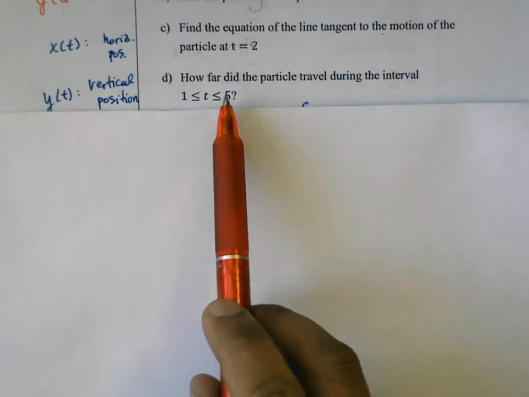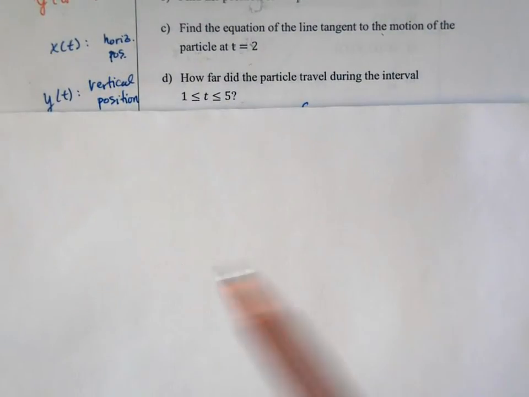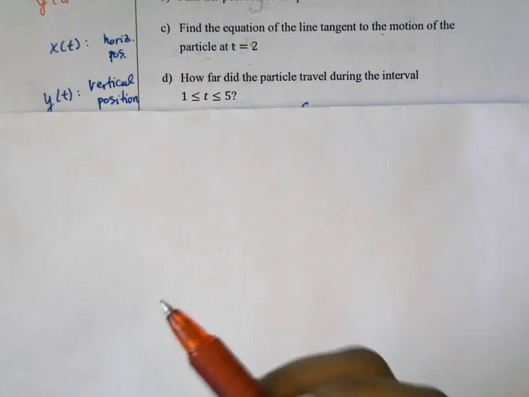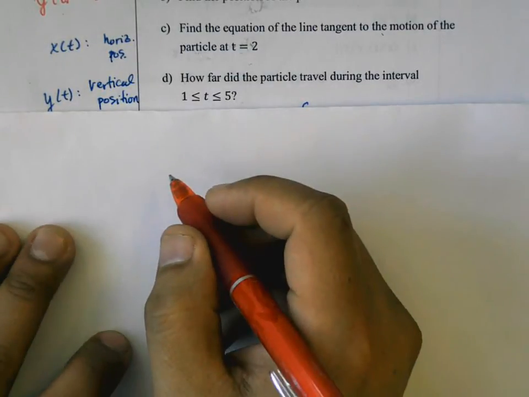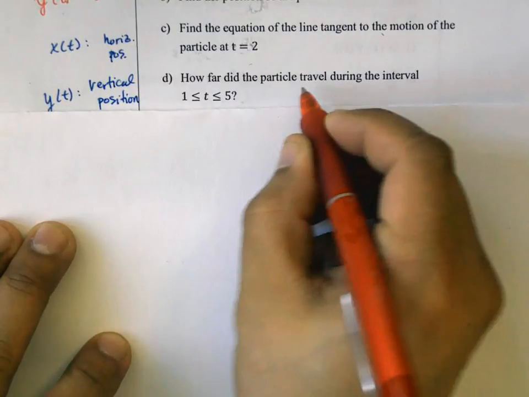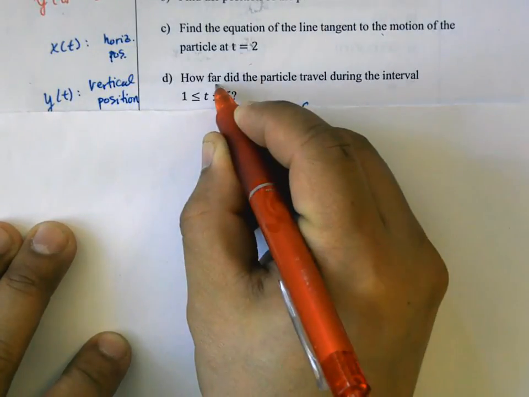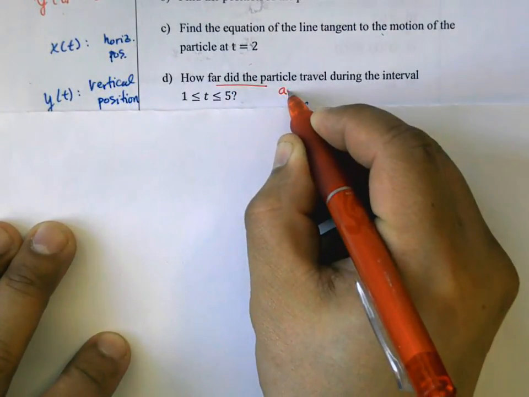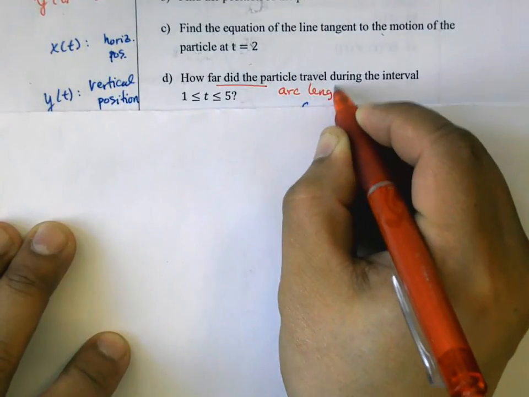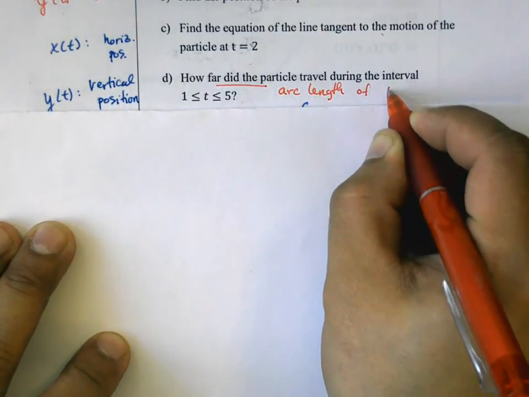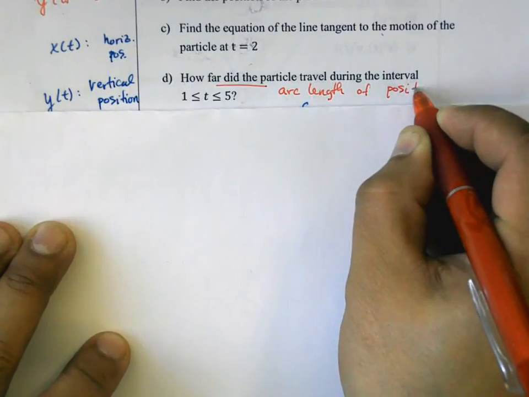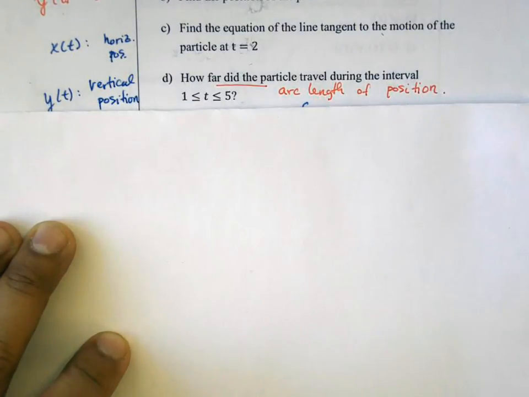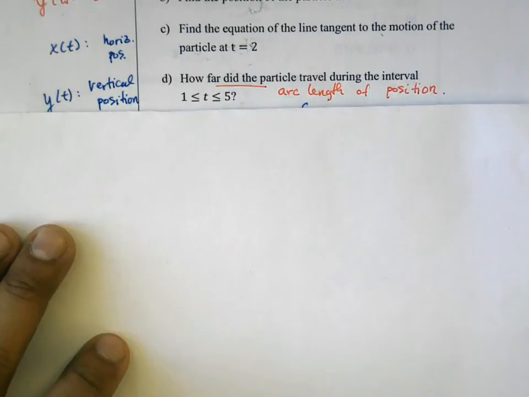And now we have this question: how far did the particle travel during the interval 1 to 5? t equals 1 to t equals 5. Well, remember this is really how far did the particle travel. So this is really the arc length of the position functions.